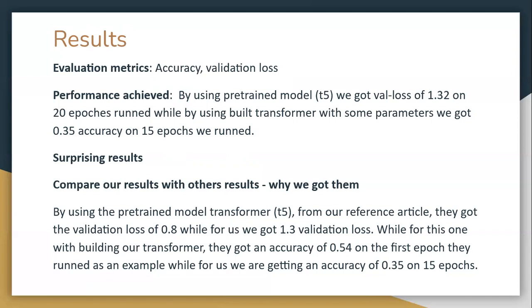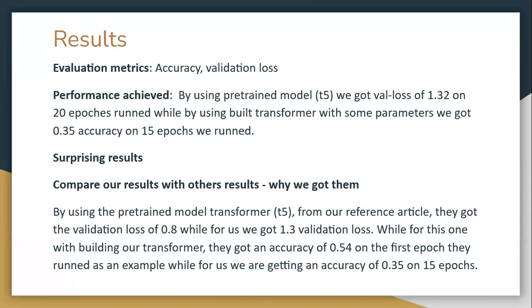By using this pre-trained model, we have used transformers, T5 base. We chose T5 base because our data set is very low compared to the ones they have used. And by using this model, we got a validation loss of 1.32 on the 20 epochs we trained.